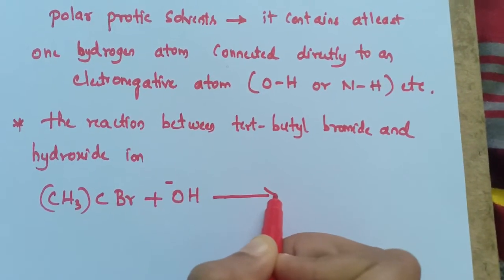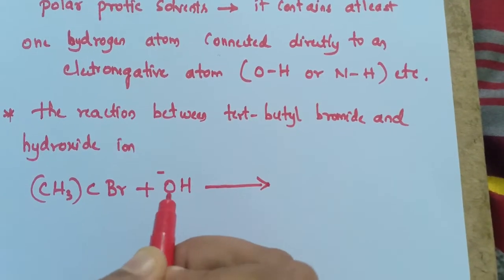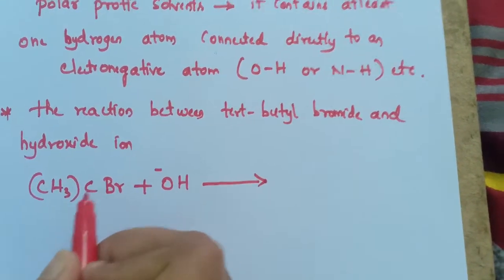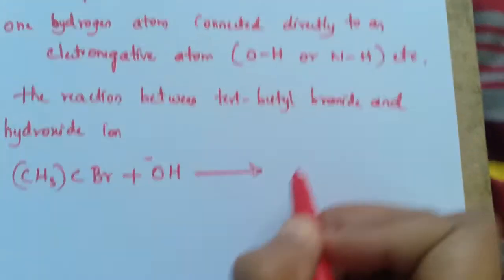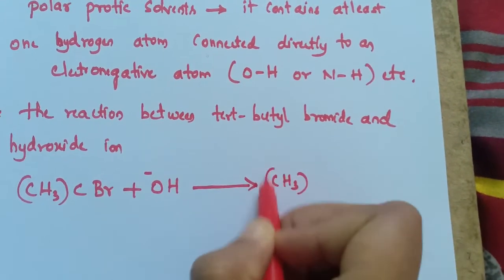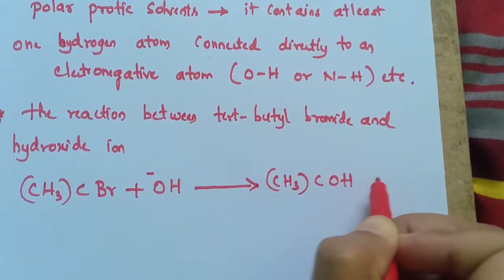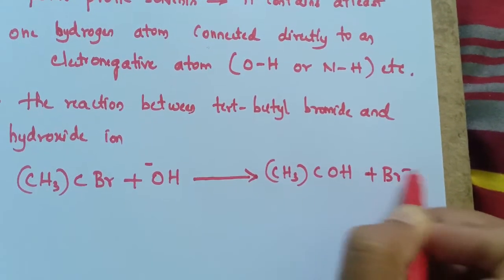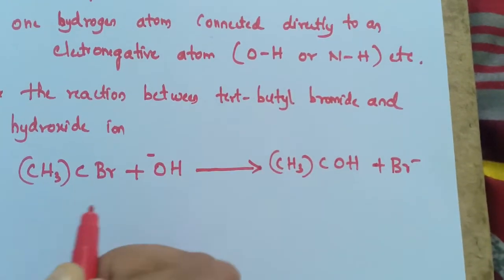I have already said that in nucleophilic reactions the nucleophile will go and attack the carbon. The product will be formed as OH plus Br minus. This is the reaction of SN1.